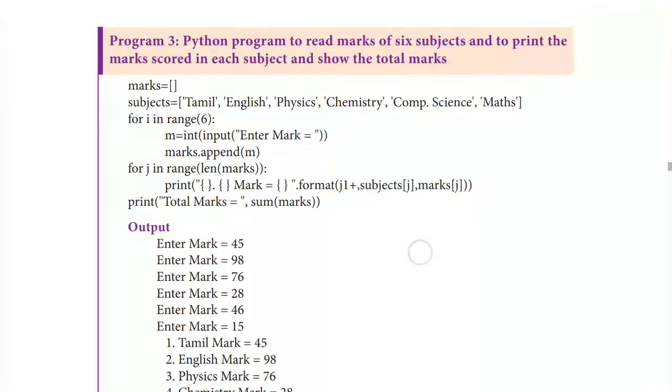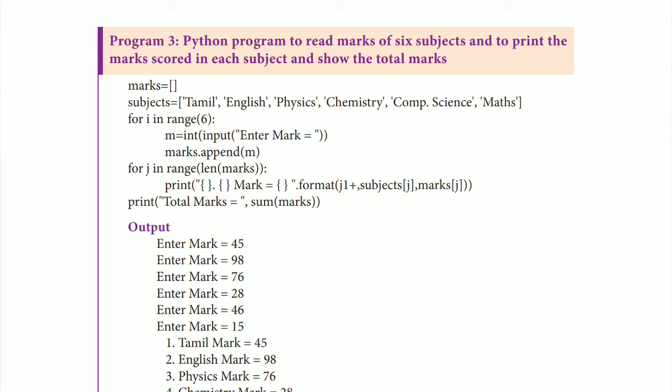And here you can see another example. Python program to read marks of 6 subjects, print the mark scored in each subject and show the total mark. So here marks is empty and six subjects are available.